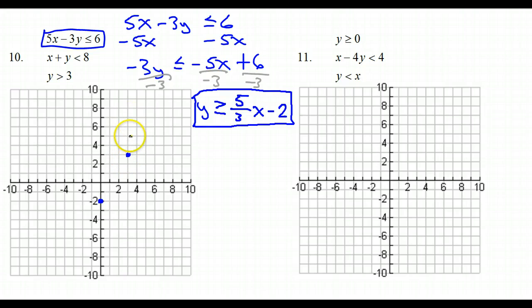And we can do that a few more times. Okay, I think that's all that's going to fit. Because it's "or equal to," this is going to be a solid line.